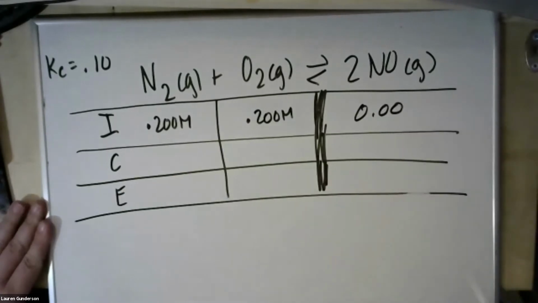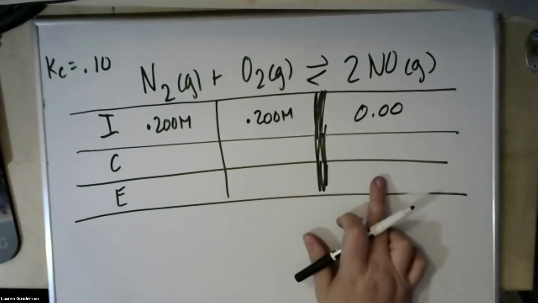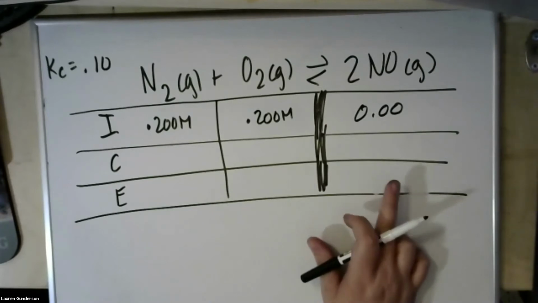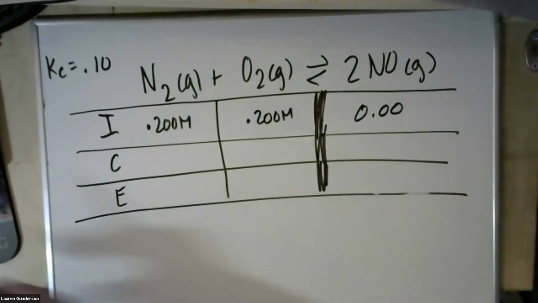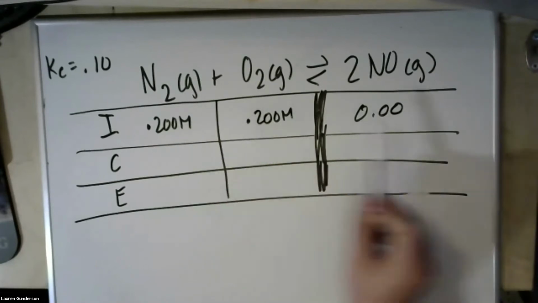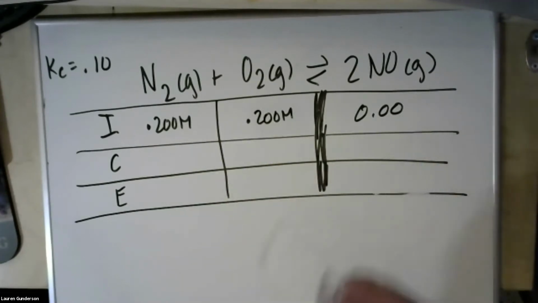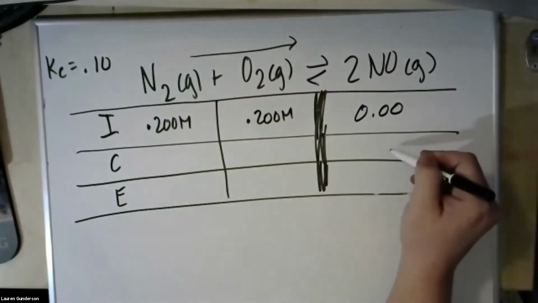So we have a 0 over here for our NO. Now, we're not given equilibrium values to help us determine the direction of the reaction, but you can reason it out for yourself and say, well, if I'm starting with reactant and I have no product, my reaction is going to have to go this way so I can create some product.